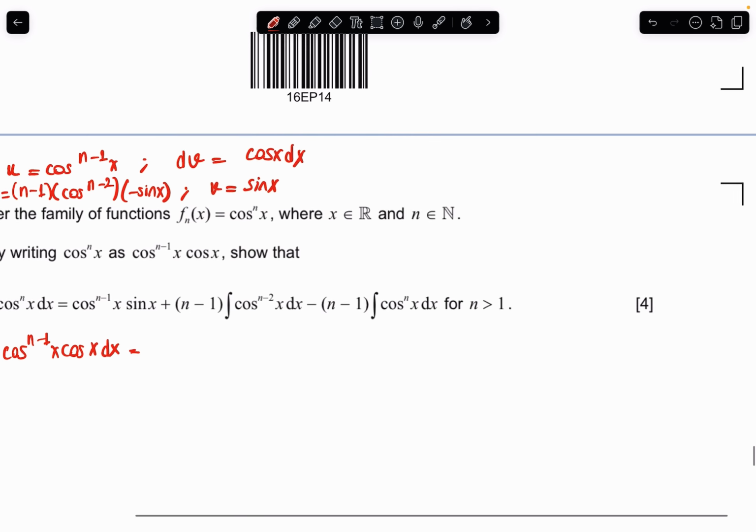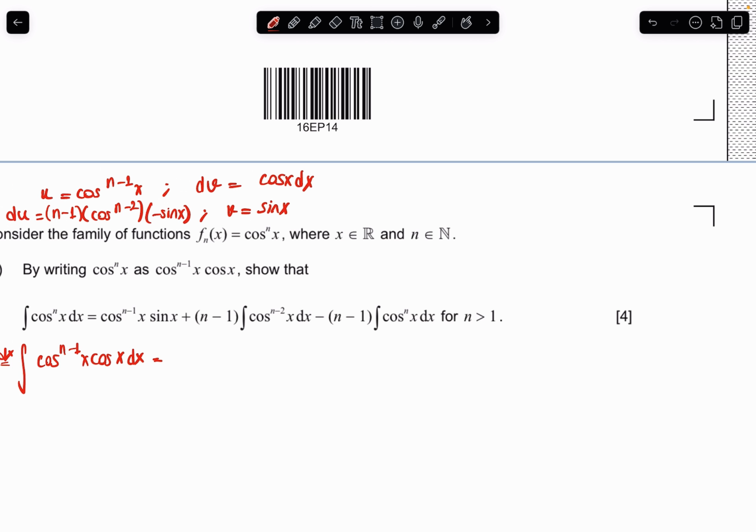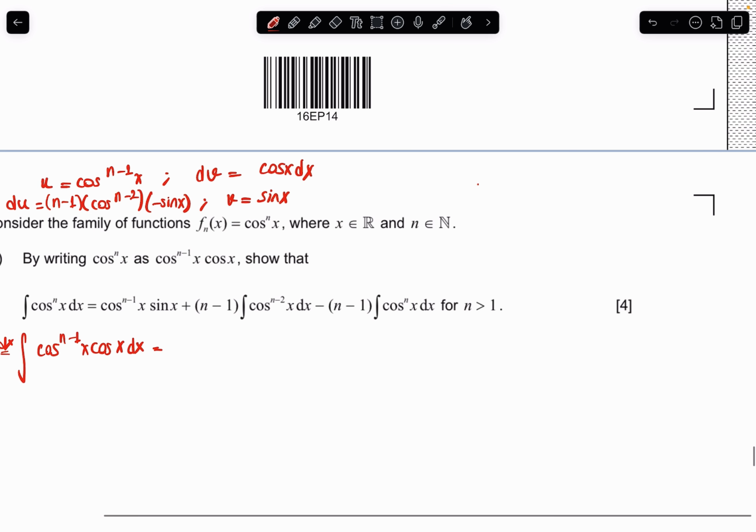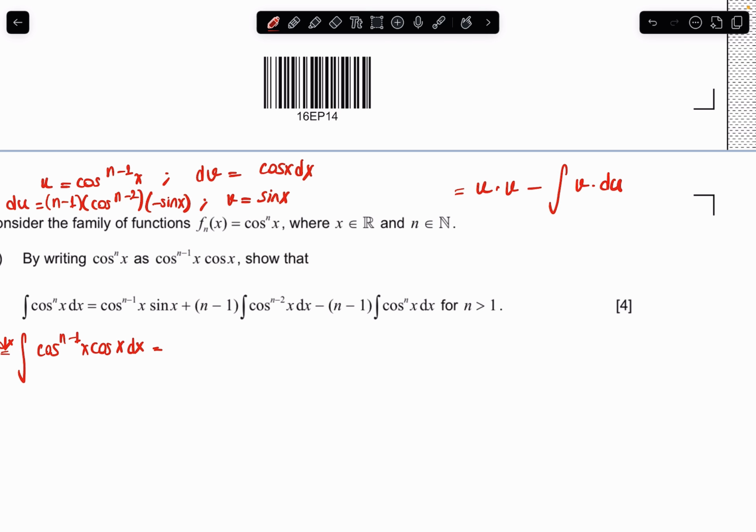And of course we know the integration by parts method. If I have an integral, it's going to be u times v minus the integral of v times du.